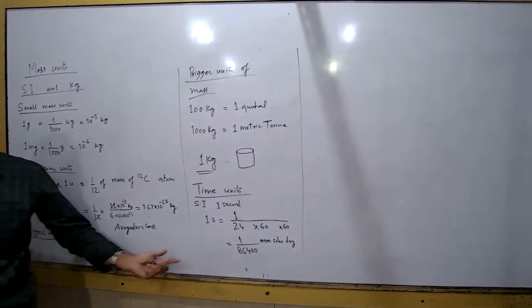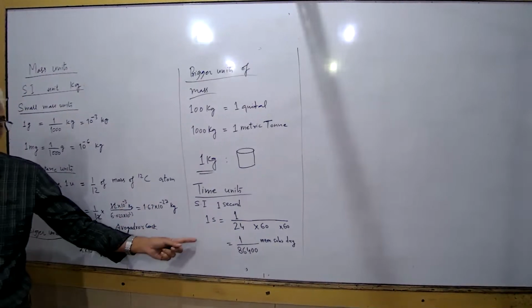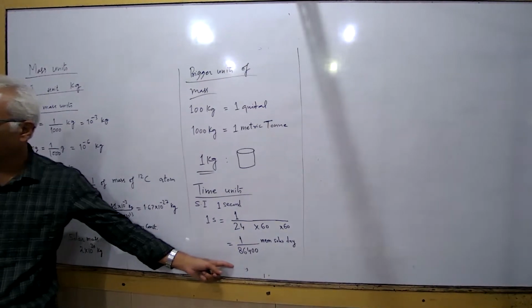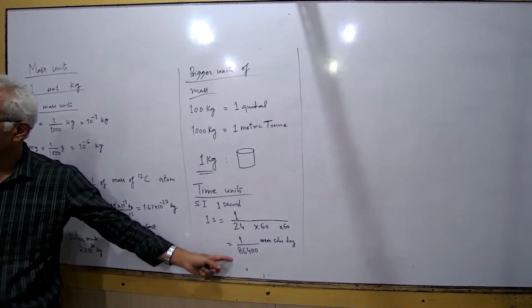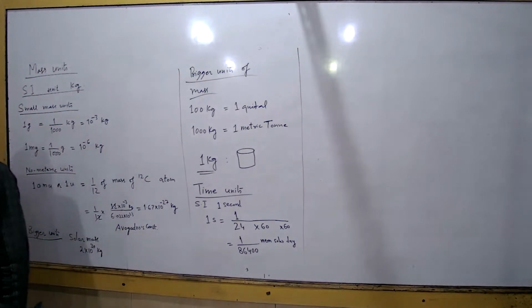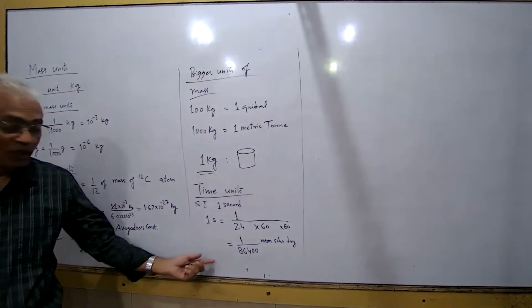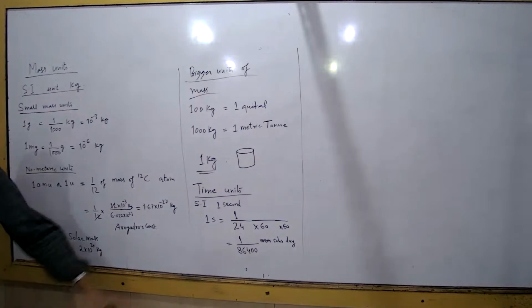Whatever is the time interval between two sunrises, when you divide that time interval into 86,400 parts, one part is a second. In the old days, this was the standard for a second.